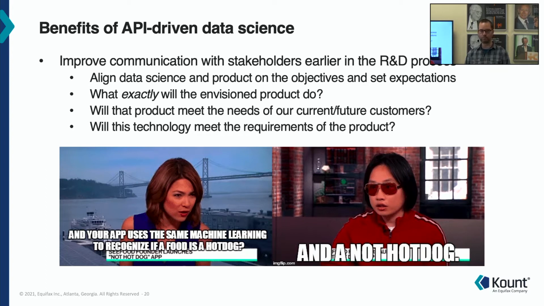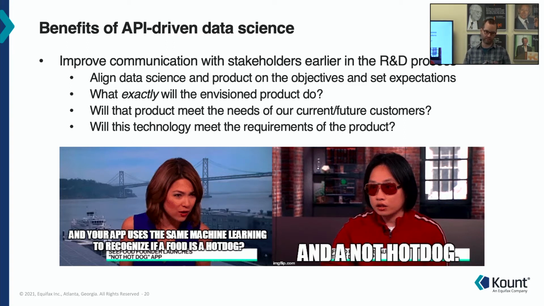Because it's going to help data science and product or other research teams align with product and other stakeholders on exactly what the objectives of this work are and set some expectations about what we're trying to produce together. Obviously, the product team should be thinking about exactly what the envisioned product should do, but as a data scientist, you should be engaged in those conversations as well.